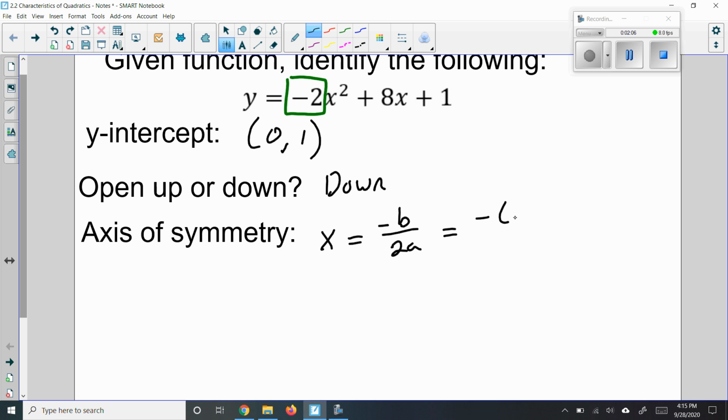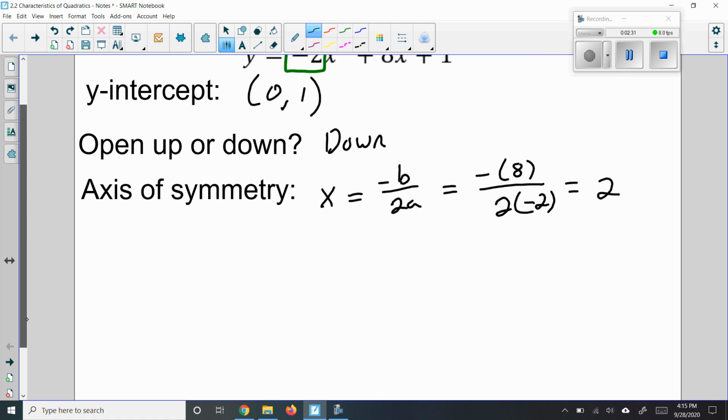So negative 8 over 2 times a. Well, a is negative 2. So negative 8 divided by 2 times negative 2, which is negative 4. So negative 8 divided by negative 4 is positive 2.